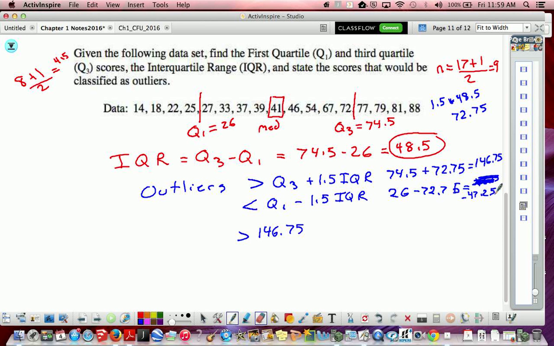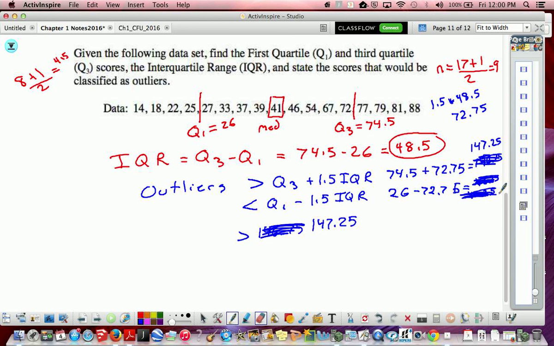Oh, on this one? Yeah, would it be 47.25? Dang it. Thank you for the correction. I didn't add correctly. The handy dandy head calculator failed. Thank you for correcting that, 'cause I can't add.